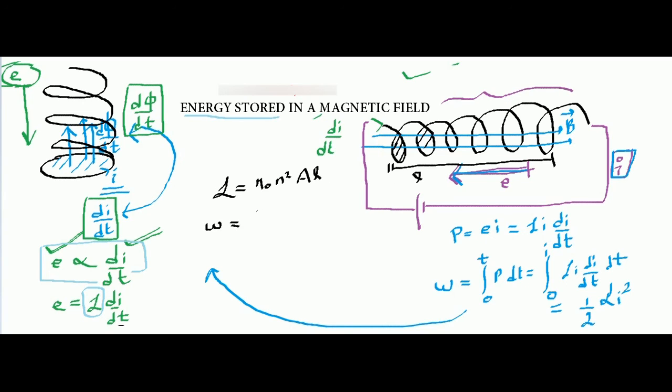I get half, and putting this value here, mu naught n square A l, and there is an I square.